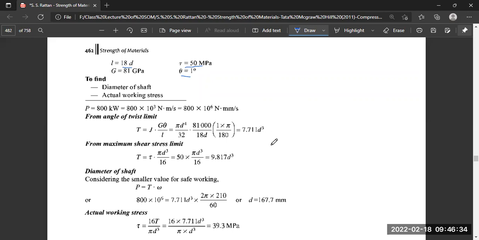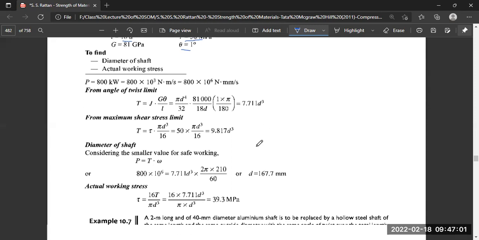So we have two relations: one is the maximum shear stress and another is the maximum angle of twist. The torque as per the maximum angle of twist is 7.711 D to the power 4, and as per the maximum stress it is 9.81. So we have to use the torque 7.711 because this is the minimum one, and we cannot twist the shaft more than 1 degree.